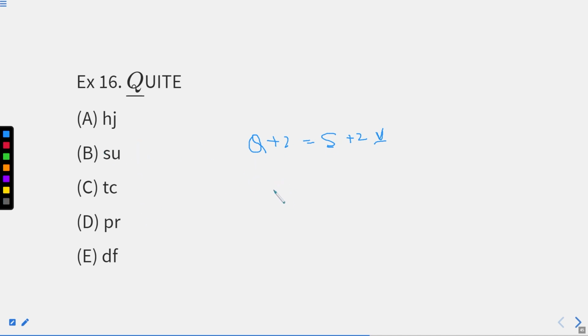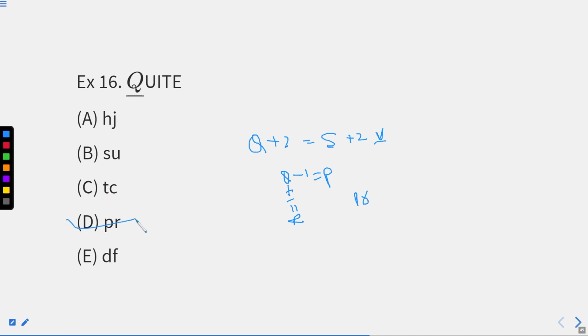Now, what we can do is, for Q, let's do one thing. Minus 1. What are we getting? P. If we do plus 1 to Q, what are we getting? R. So eventually we are getting PR. Is PR available in the answer?